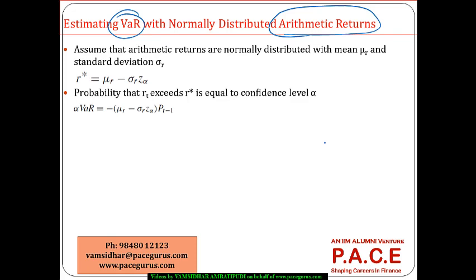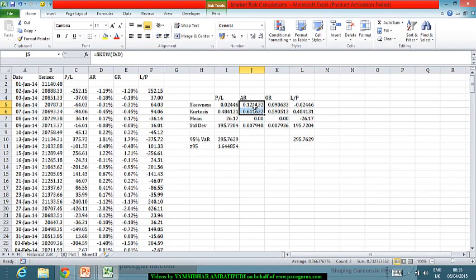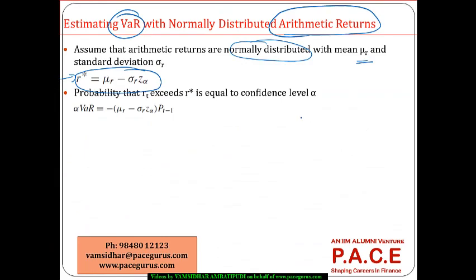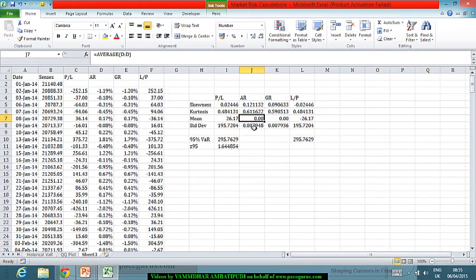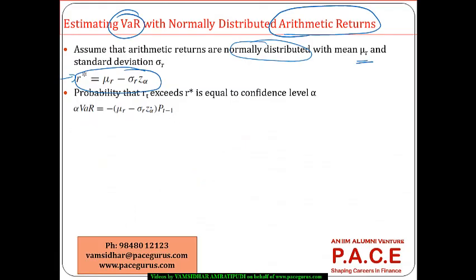If that's the case, I want to find out that particular R. The simple way for me to work it out is to find that particular R when I am assuming that the arithmetic returns are normally distributed. I know this is the mean of the arithmetic returns and this is the standard deviation of the arithmetic returns.